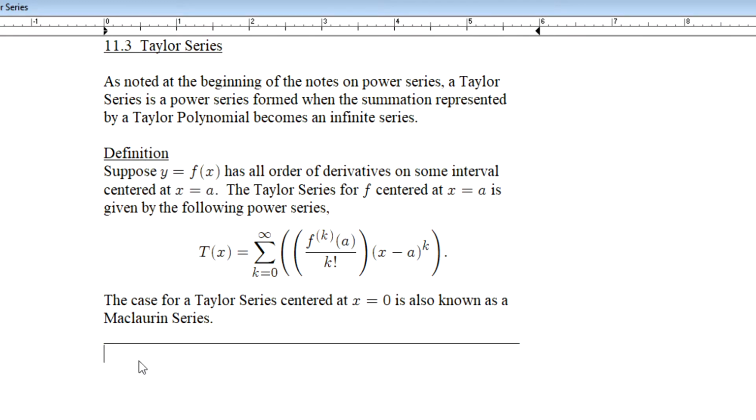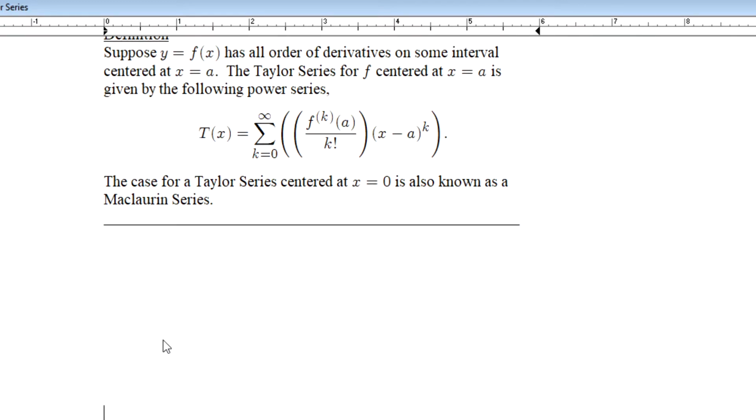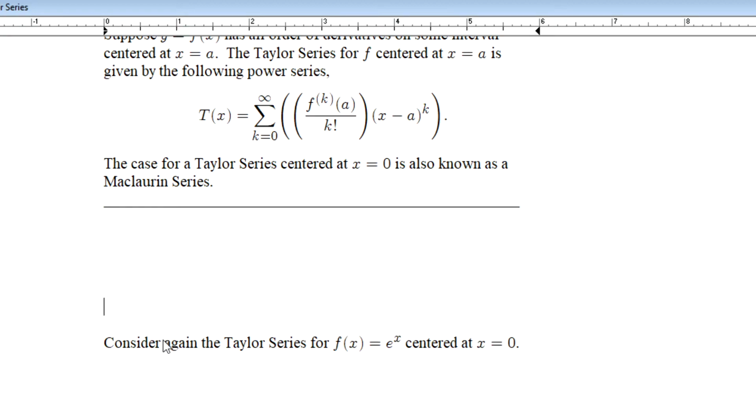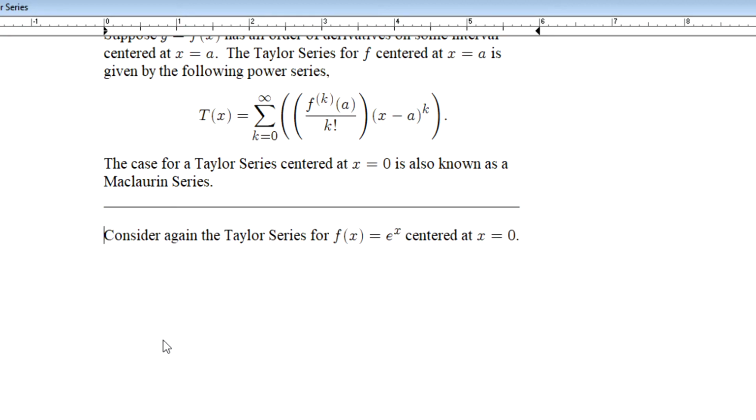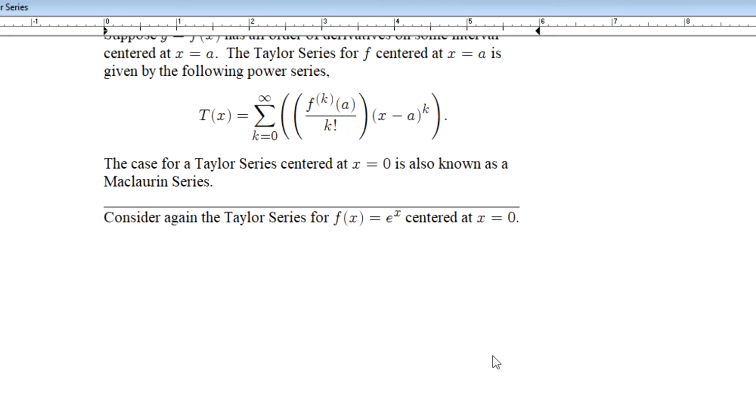All right? We might consider an example. Consider again the Taylor series here. And I think we saw this case back for Taylor polynomials, where we now develop a Taylor series for the function f of x equals e to the x, centered at x equal to 0.